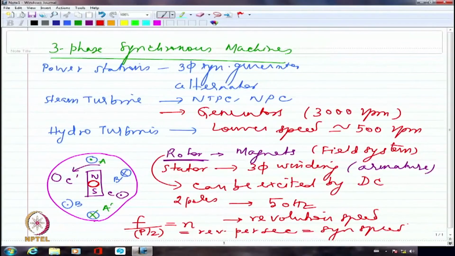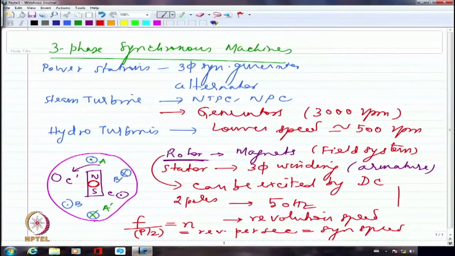So essentially the speed at which my prime mover is rotating the magnet is known as the synchronous speed, which decides what frequency is induced in each of the phase windings. If I have only two poles, for every revolution only once will A phase face the north pole of the system.